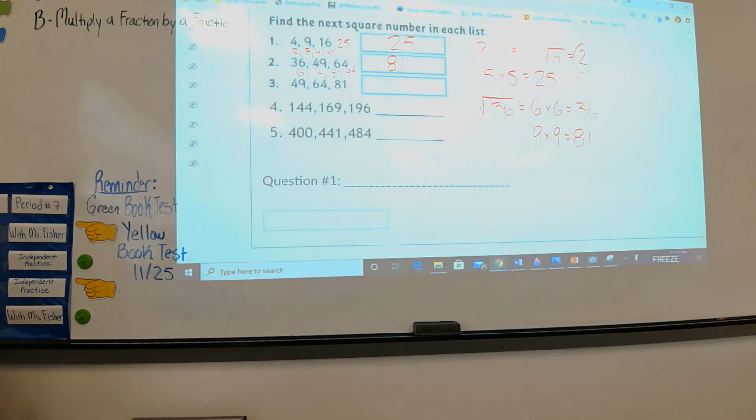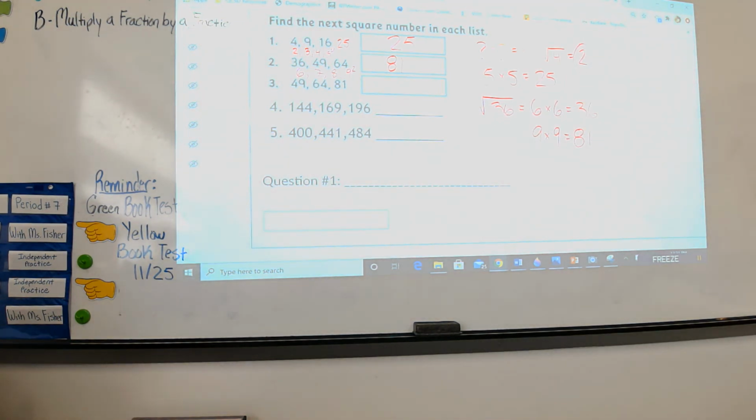And don't forget, utilize your multiplication charts that you have in the notebooks I bought you. So there's a multiplication chart right in the back you guys can use to figure out what times what gives you a number.